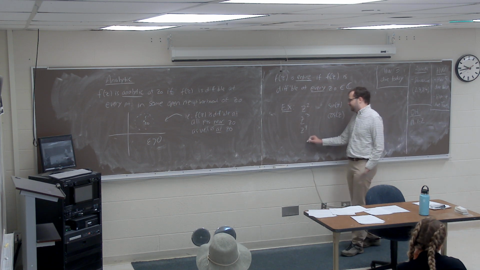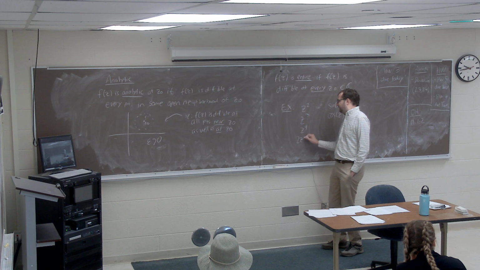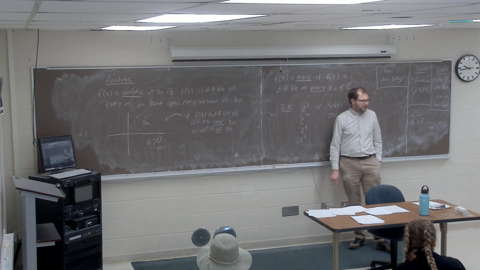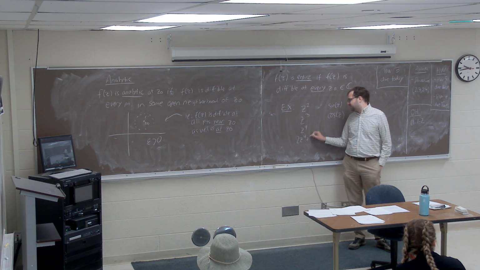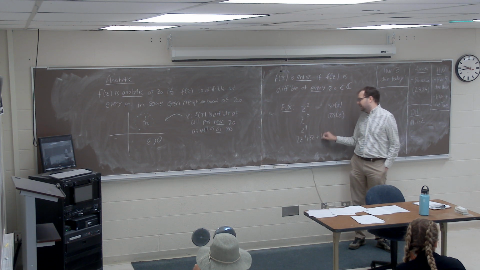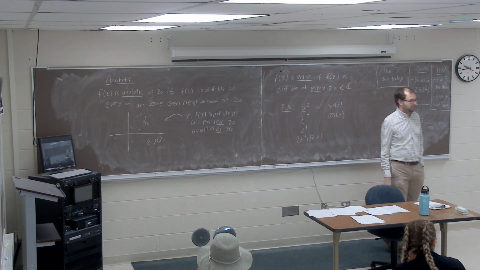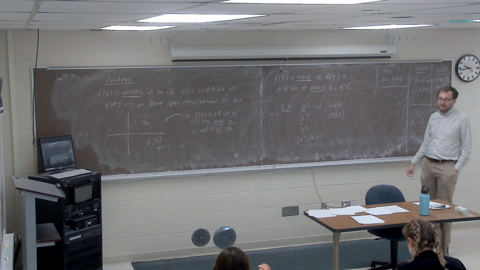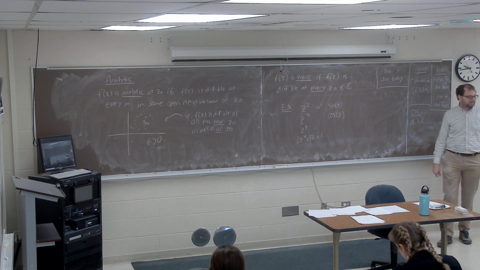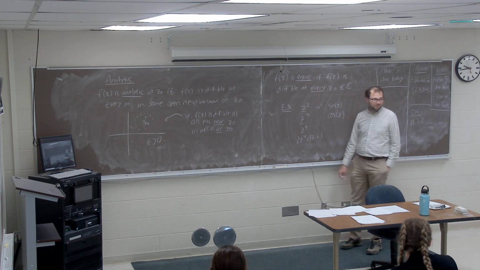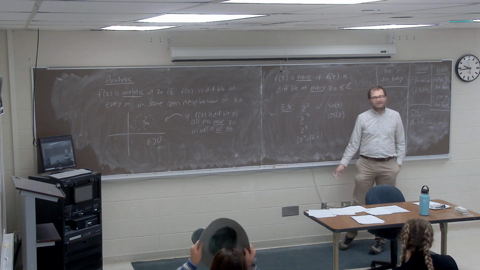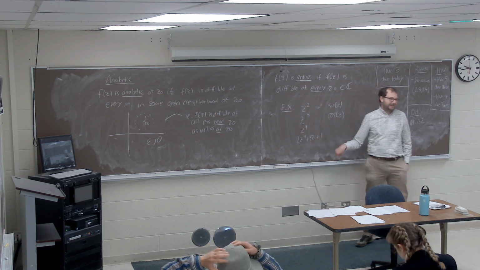How about this? 2z to the 4th plus 3z plus 1 will be differentiable everywhere in the complex plane. So like every polynomial function. How can we generalize this? What class of function is this?